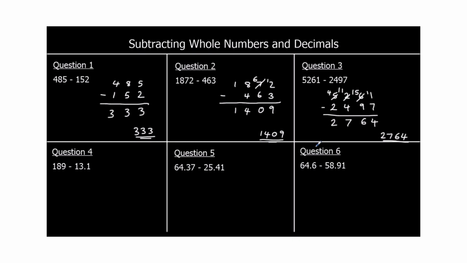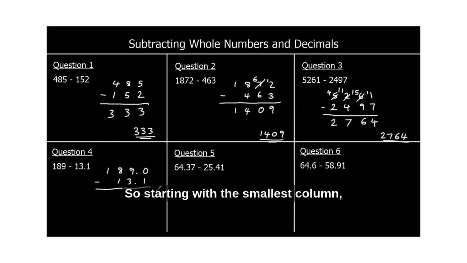Question 4. 189 take away 13.1. So I'm lining up tens with tens, ones with ones, and tenths with tenths. So 189 has got nothing in the tenths, so I'm going to add a 0 there. So starting with the smallest column, which is our tenths, 0 take away 1.